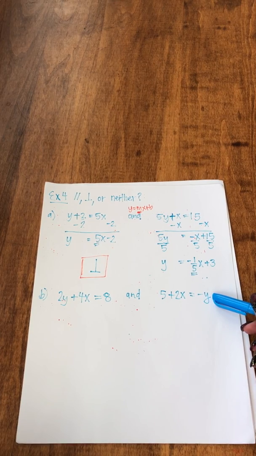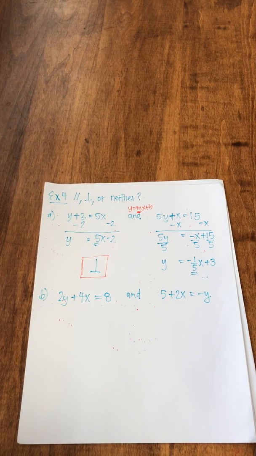So I need you to tell me if 4b is going to be perpendicular, parallel, or neither, okay? And then I also want you to do 4c for me. Okay, and I'll write it down real quick.